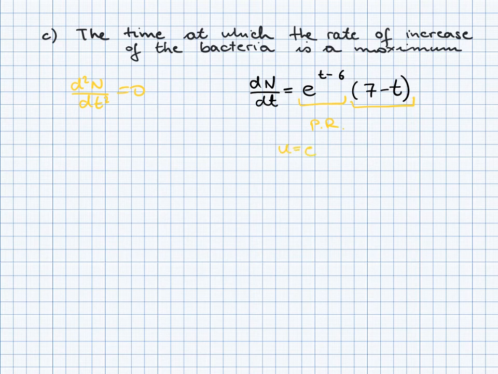The first function u is e to the power of t take away 6, and its derivative is exactly the same as the one above. v is equal to 7 take away t, and v' is the derivative of 7, which is 0, plus the derivative of negative t, which is negative 1. Substituting using the product rule, u'v plus uv', d2n/dt2 is equal to u', e to the power of t take away 6, times 7 take away t, plus u, e to the power of t take away 6, times v, which is negative 1.